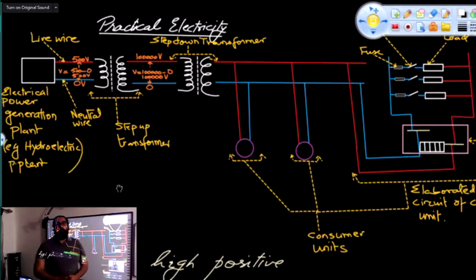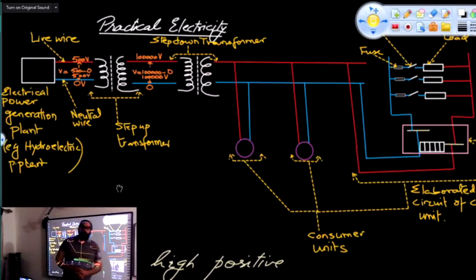So that means a transformer is used to increase the magnitude of voltage, but the product of voltage and current stays constant. If we have low voltage, then the current is definitely large, and if we have large voltage, then the current is going to be low.